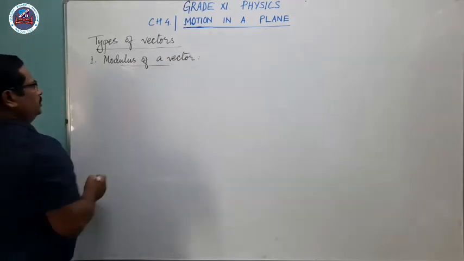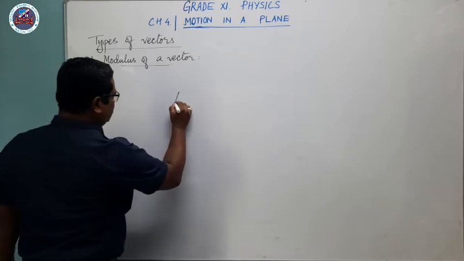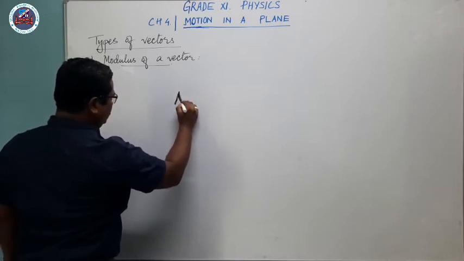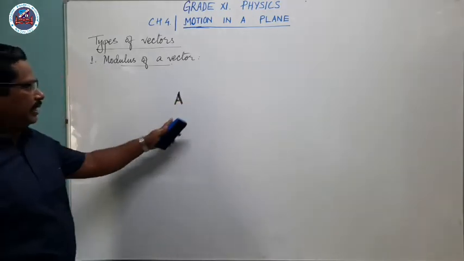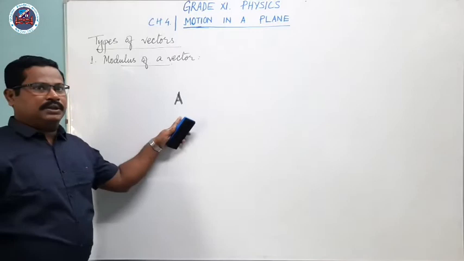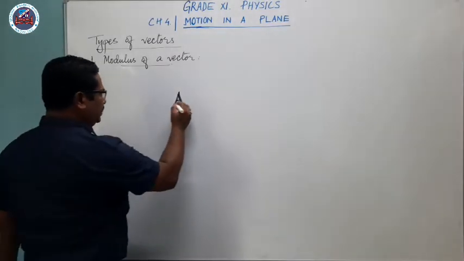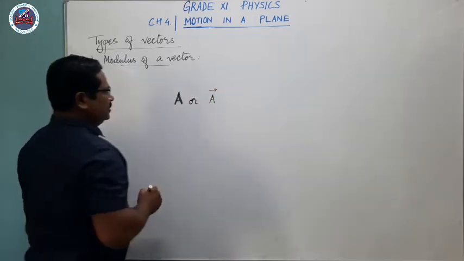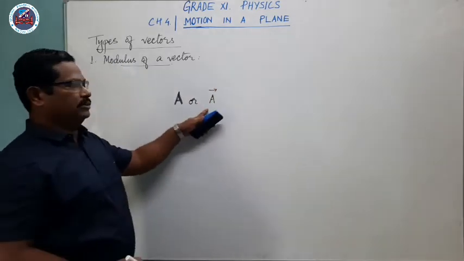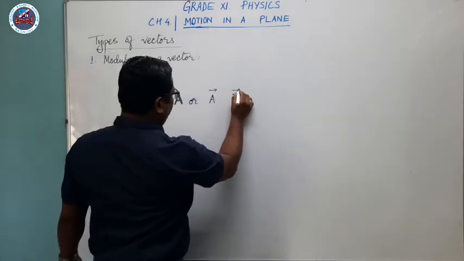Modulus of a vector. Suppose in books you will see a vector quantity written in thick writing like this. But we cannot do this all the time in our notebook or on the board. So we represent a vector like this: A with an arrow on top. If you are writing the velocity vector v, you write v and put one arrowhead on the top.